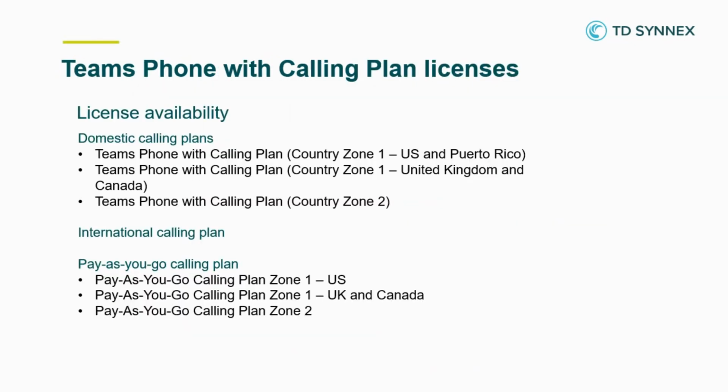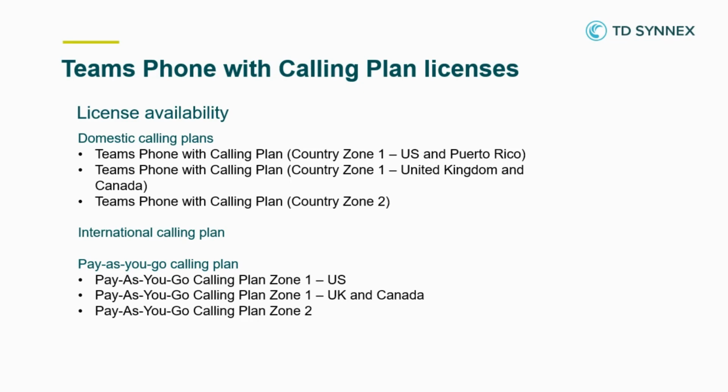There are different calling plans available based on where you're located in the world and whether you want to make domestic or international calls. You'll see that the countries are broadly split into 2 zones, and this will have an impact on the number of minutes included in the calling plan.